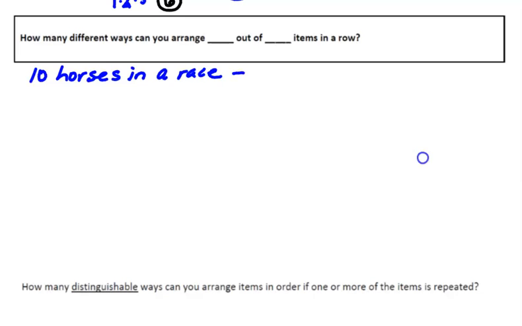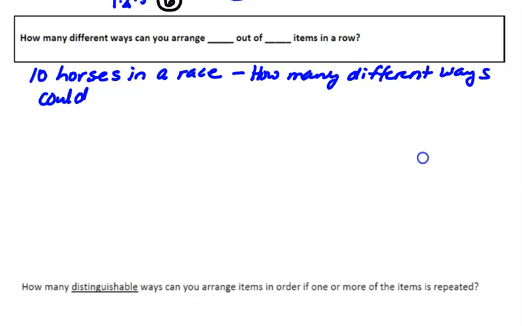So I want to know how many different ways the horses could get first, second, and third place.